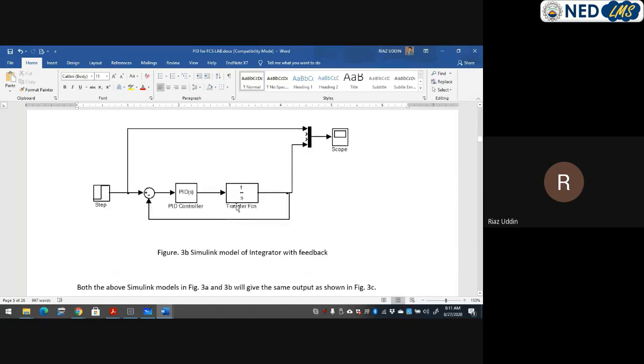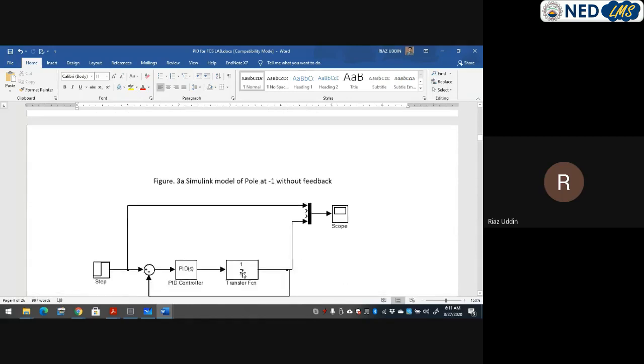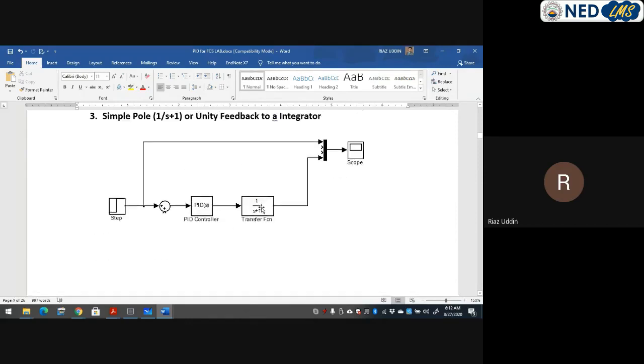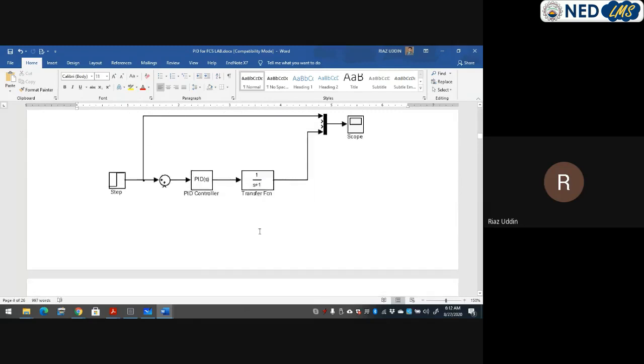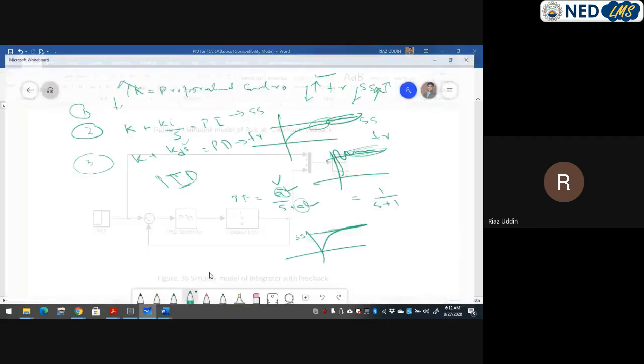But one interesting thing is that when you make a feedback with 1 upon s, what happens? It behaves similar to this block. If I'm using an integrator and I'm giving a feedback, it means that it will be working similar to the pole at s plus 1. I can easily show you. Look here, please.